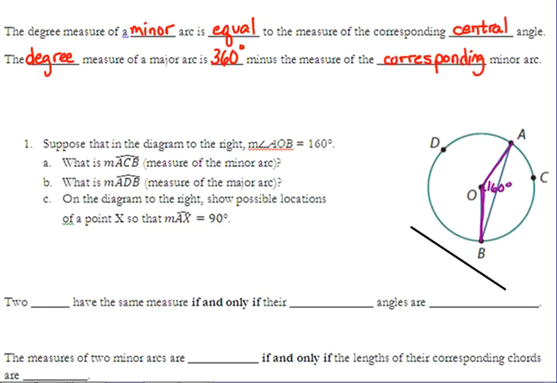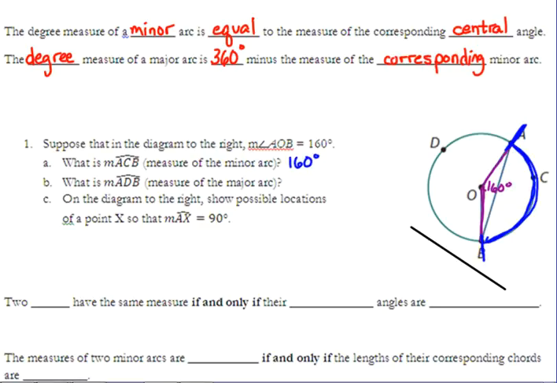What is the measure of arc ACB? So I'm going to trace it, A to C to B. That is the arc that is intercepted by this angle. So the 160 degrees is the central angle that goes with this minor arc.